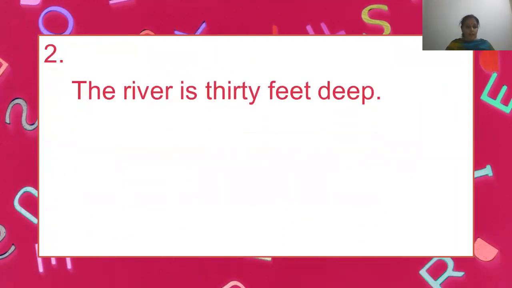The river is 30 feet deep. Now here the answer is 30 feet deep, right? 30 feet is the main answer. So now I have to frame a question for this using how, beginning with how.